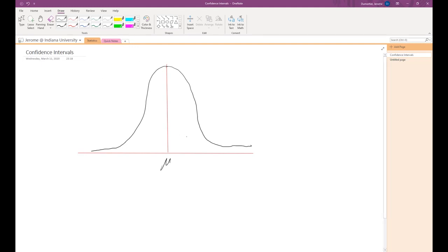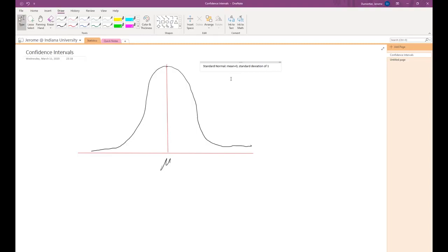Now for the standard normal distribution, remember that it has a mean of 0 and a standard deviation of 1.